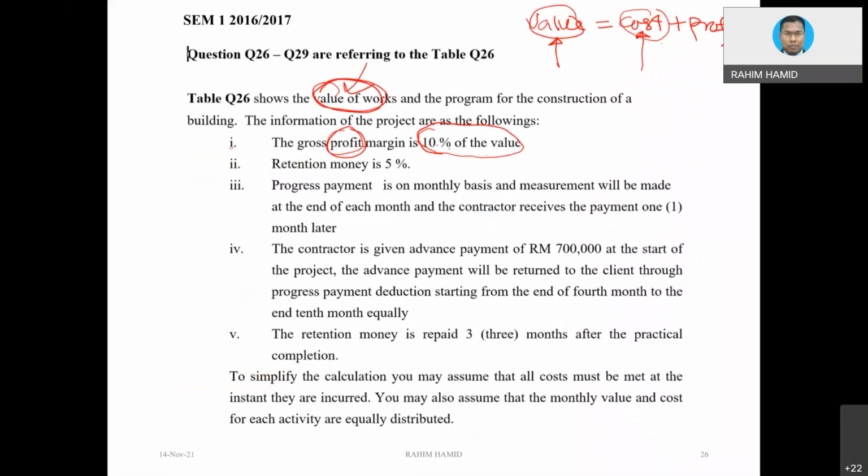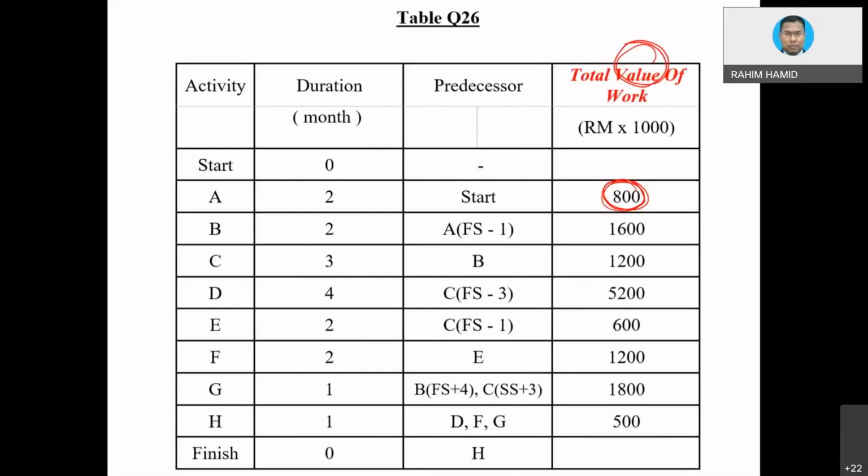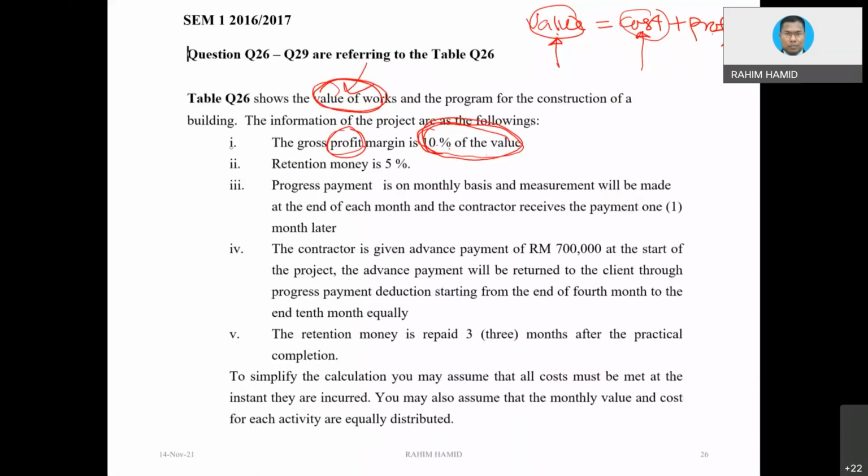In order to get the cost, you need to deduct the profit from the value. How to calculate the profit? This is the way the profit is given: 10% of whatever the value is, just for the sake of making this calculation simple. Because the cost is always less than the value, from the concept that we can see here, okay?